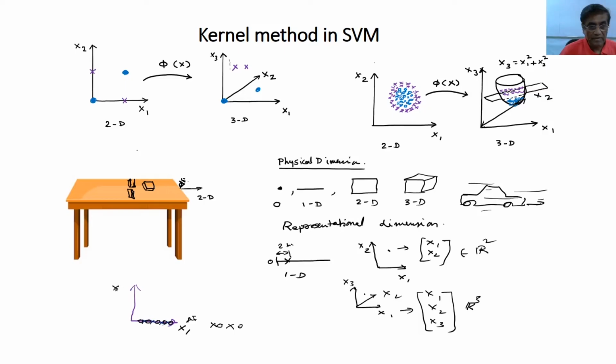But what if I try to project these samples into a higher dimension with some mapping function? I am not changing the color for want of time.